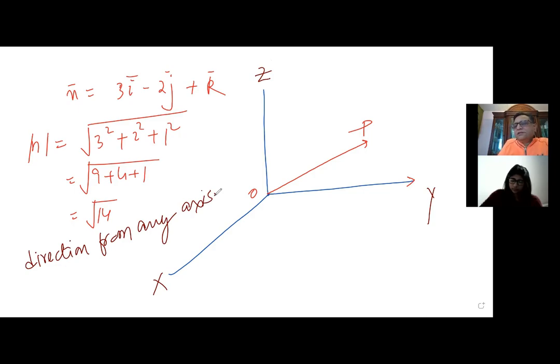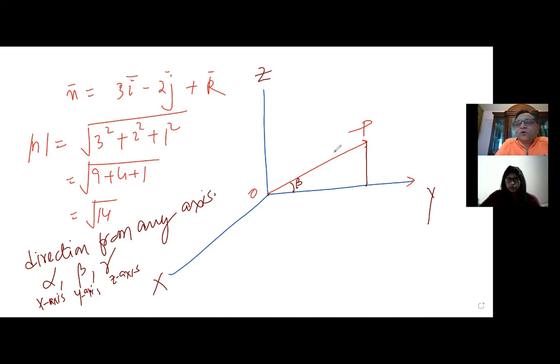So terminology is that we say angles are alpha, beta, and gamma, where alpha is from x-axis, beta is from y-axis, and gamma is from z-axis. So let's say beta is my angle and I want to measure this angle from y-axis. Is that clear to you?